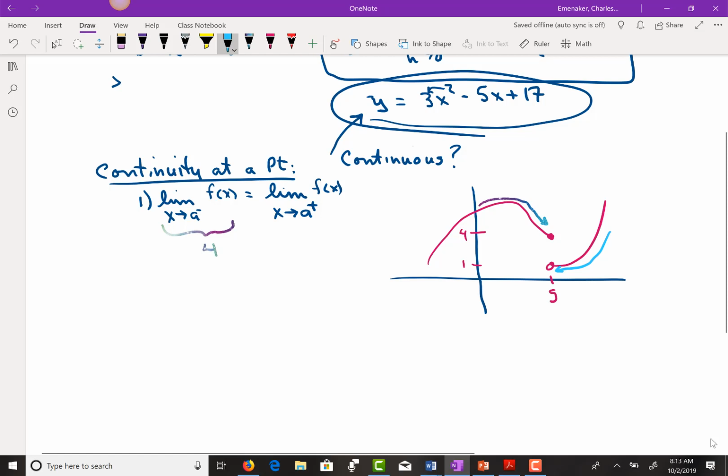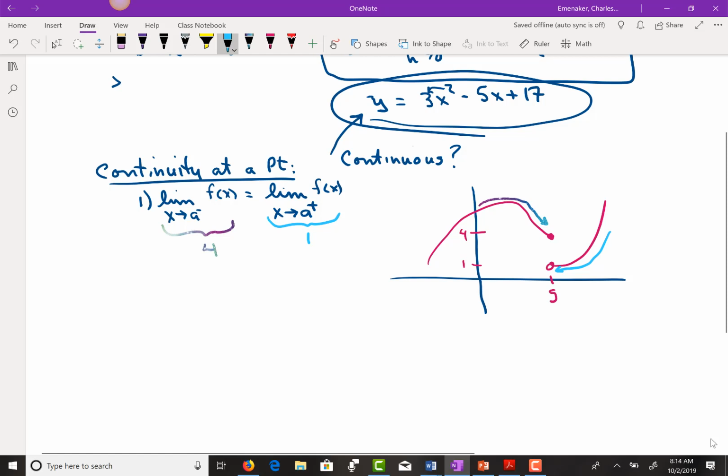I know we don't actually get to 1, but it looks like that's where we're headed, and that's all the question asks. So the first criteria that needs to be met for it to be continuous at a point is if you come from the left or you come from the right, it looks like you're headed to the same place. That doesn't mean that's where you're going to wind up. It just says it looks like you're headed there.